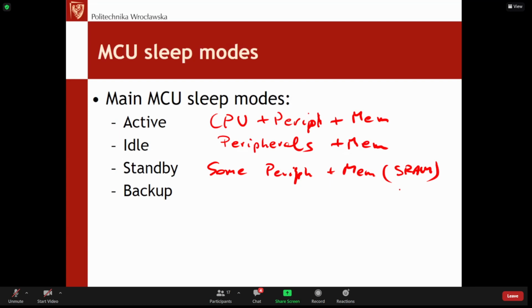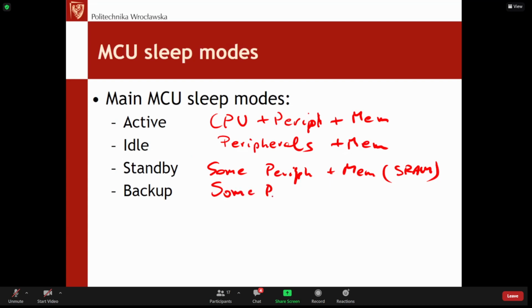For example, the watchdog may be running, some port monitoring may be running. That's what we call standby mode. Standby mode, compared to idle, is much more efficient. Yet the capabilities are limited, but not as limited as in backup.